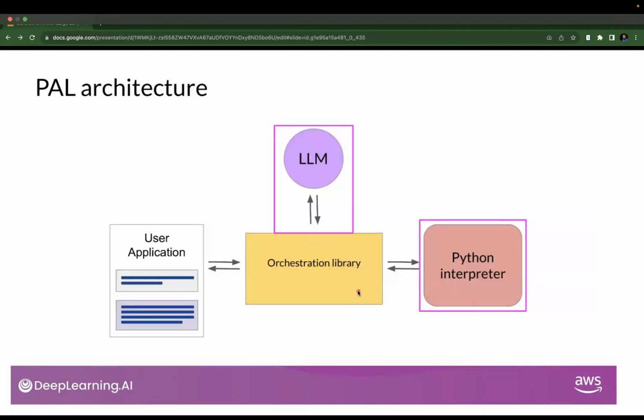In program aided language architecture, based on the input from the user, the LLM can generate executable code which the orchestration library will run against the Python interpreter to get a response. So basically, we are complementing the features of the LLM with some external interfaces, which happen to be a Python interpreter in this case. So in order to overcome the challenges with LLMs, this orchestration library can be very helpful.